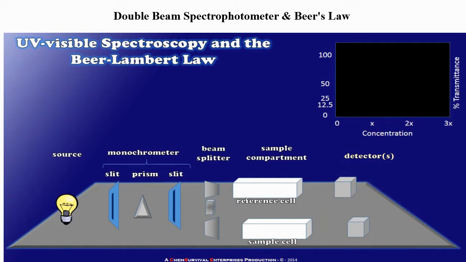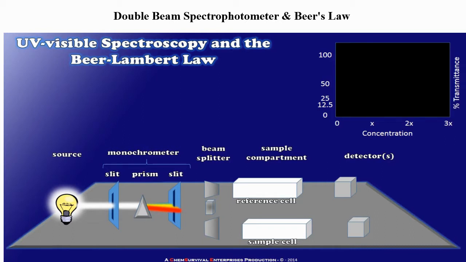So now that we've defined each of the smaller pieces within our spectrophotometer, let's turn it on and see what happens. I'll ignite the source lamp, creating a variety of wavelengths of different light. This light passes through the first slit of the monochromator, ensuring that all of those photons are traveling along parallel pathways, so that when they strike the prism, they are refracted into a rainbow of colors.